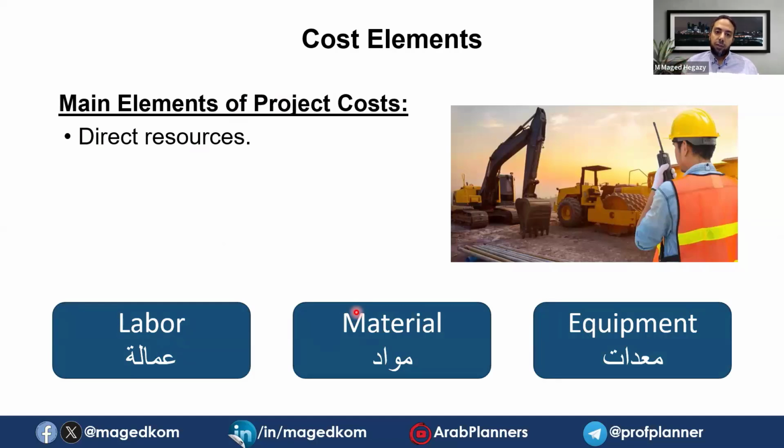If we're saying we're casting concrete, we have labor doing concrete casting, we have the material of concrete, sand, cement, or we are getting it from a supplier, so we have the supplier cost, and equipment doing this, including the frameworks, the pump casting the concrete, all this equipment we are using, and the tools of the team working in the concrete. So all of these are direct resources, directly working on one certain item in the project.